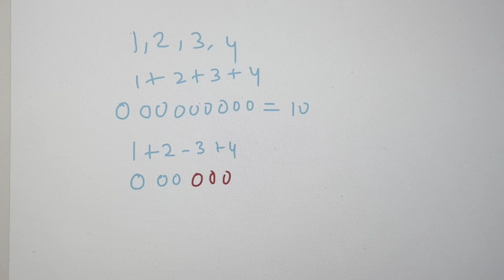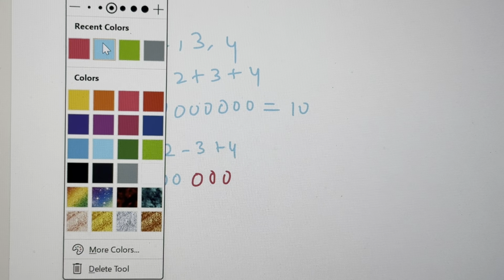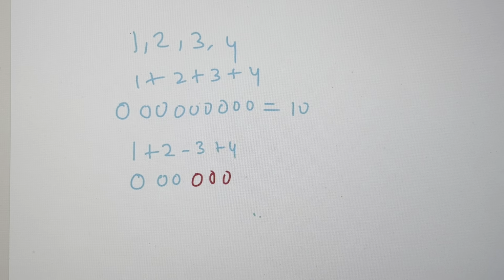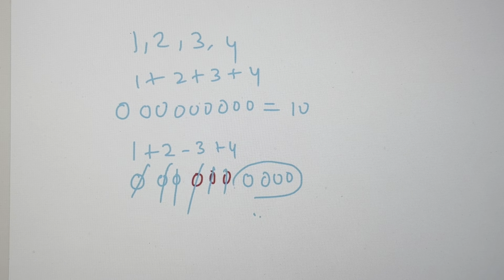And for 4, it is positive, so you will get blue. Now you can see here the positive and the negative 3 pairs will get cancelled. What you are left with is 4, which is positive. So this way, with the help of a token model also, you can explore all the 8 ways for the same numbers.